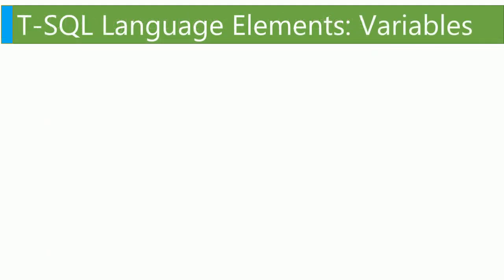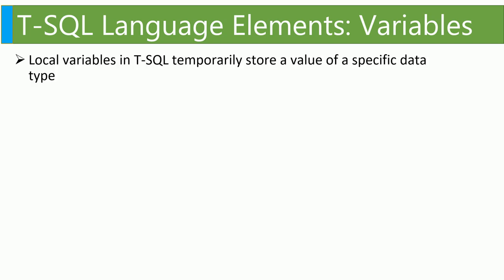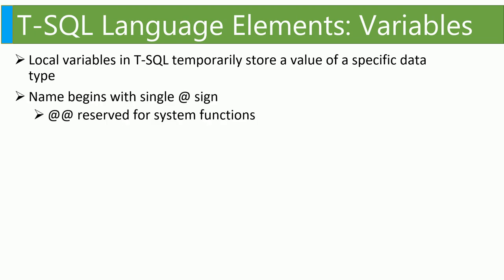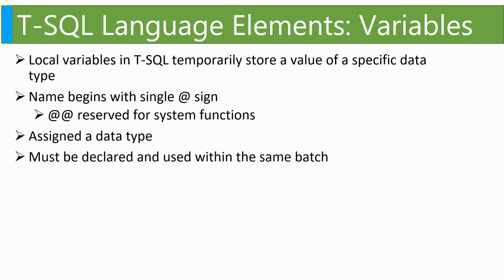Now, the T-SQL language elements for variables. What is a variable? A local variable in T-SQL temporarily stores a value of a specific data type. The name begins with the at sign. If you are declaring any variable, it is prefixed with the at sign. Double at sign is reserved for system functions. It is assigned a data type and must be declared and used within the same batch, like in the same query, as the batch separator.